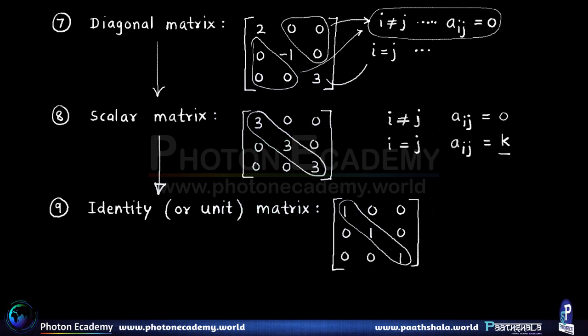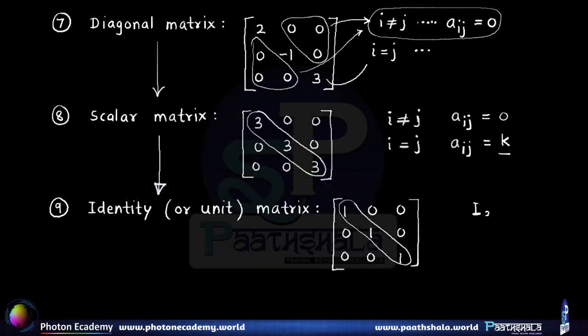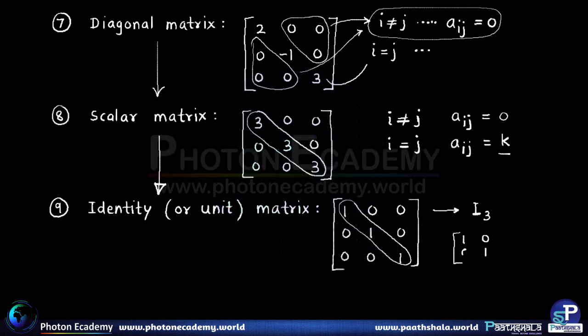The identity matrix is typically denoted by a capital letter I, and based on the order of the matrix we write the number as a suffix. So this particular example is I3, that is the identity matrix of order 3. We can also have the identity matrix of order 2, that is we may have just 1, 0, 0 and 1. Alright, so that will be called I2. So that's the matrix of order 2.